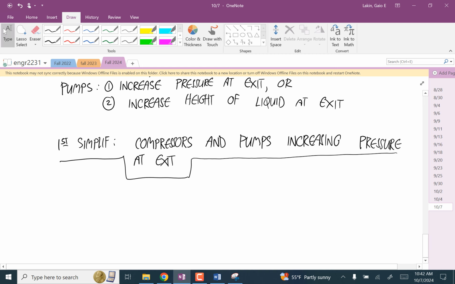And the assumptions that we're going to make are first, steady state.